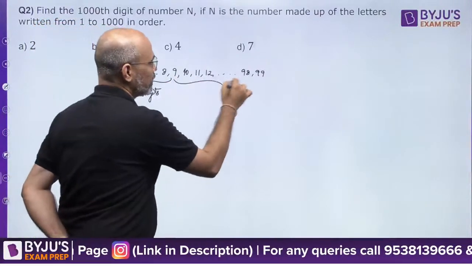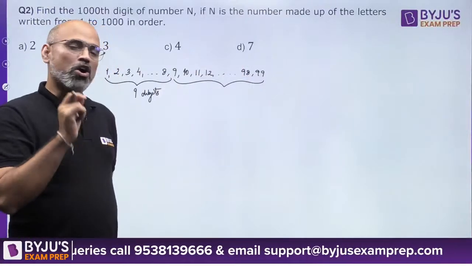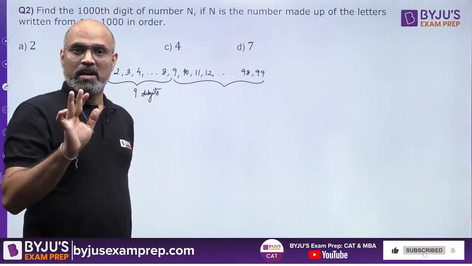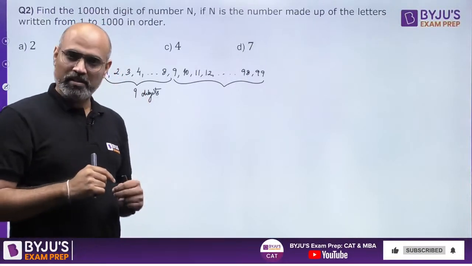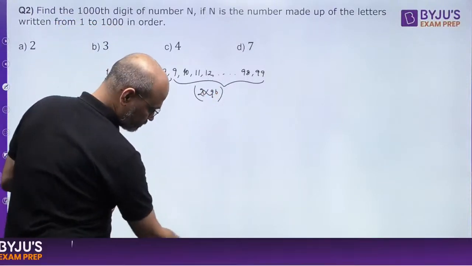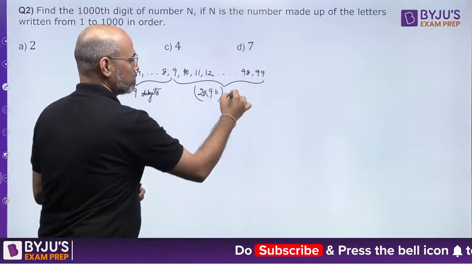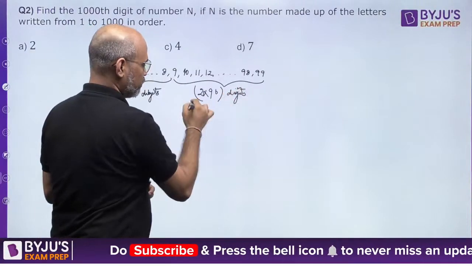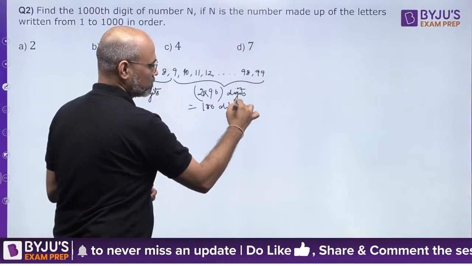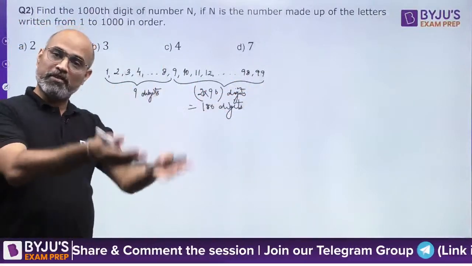So how many digits have we written over here? 10 to 99, how many numbers are there? 10 to 99, you have a total of 90 numbers and every number is made up of 2 digits. So you will have 2 into 90 digits, which is going to be a total of 180 digits.